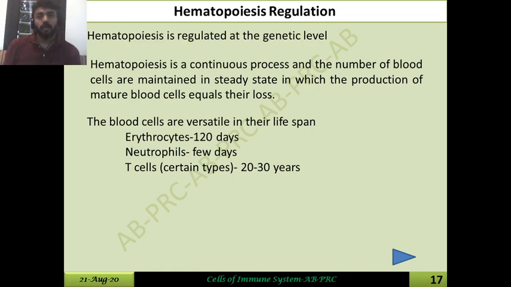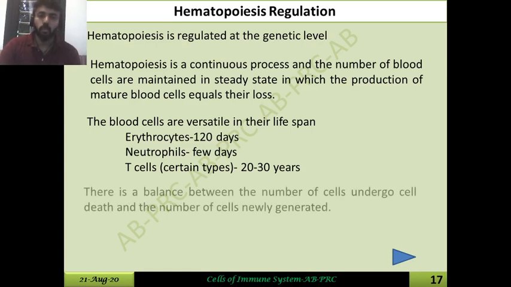That means the system has to check which type of cells are present in which concentration in the blood, and accordingly a signal has to be given to the stem cell, and then the stem cell, as per the signal received, will synthesize a particular type of cells. This is basically done to maintain the steady state of cells in the circulation. So there should be a balance between the number of cells undergoing cell death and the number of cells which are newly generated.